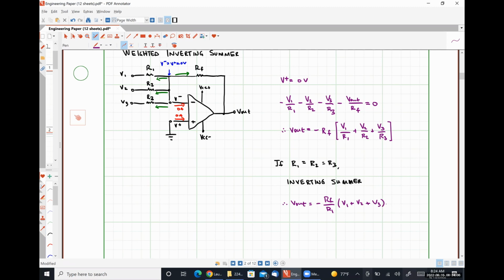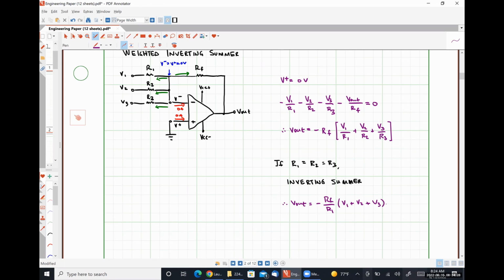Okay. So the inverting summer is a special case of the generic weighted inverting summer in which all of our resistors tied to our input signals, R1 through however many inputs we have, all have the same value. Okay.